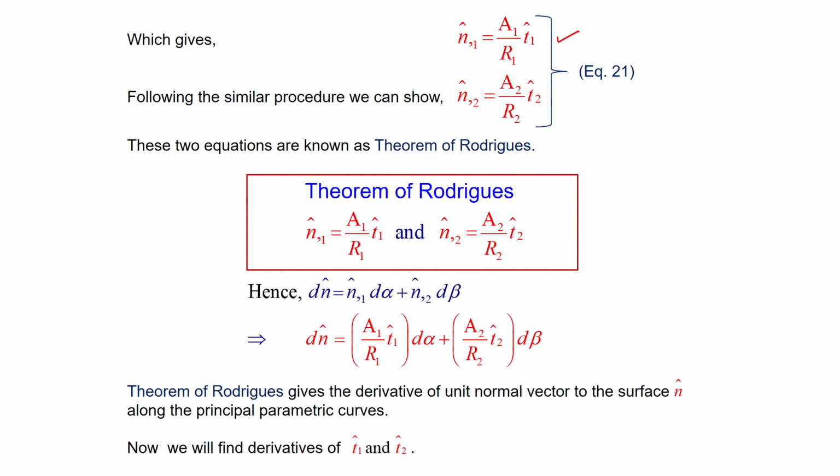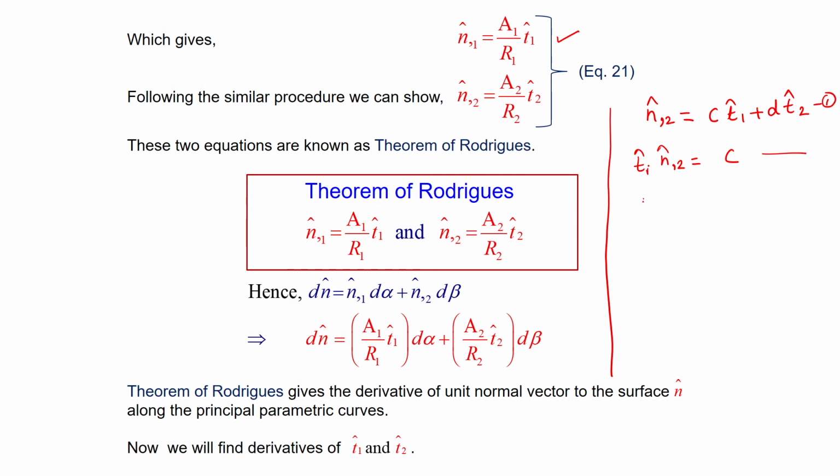By following the same procedure, I am just going to derive it here. Let us say n comma 2 is C times T1 hat plus D times T2 hat. Now, you multiply this equation with T1 hat, that gives you C. If you multiply this equation with T2, that gives you D, because we know that T1 and T2 are perpendicular to each other.